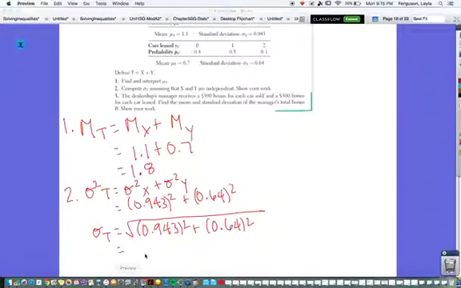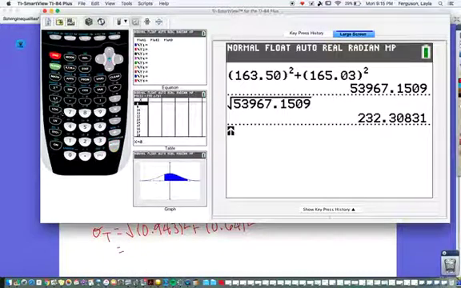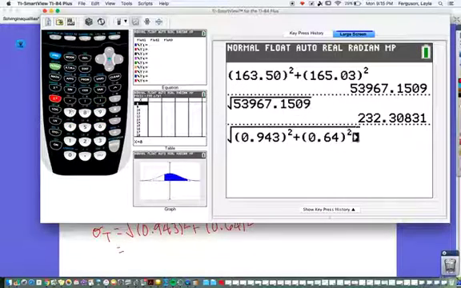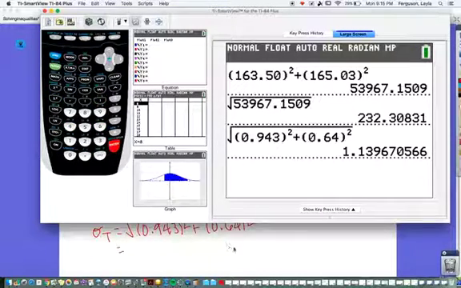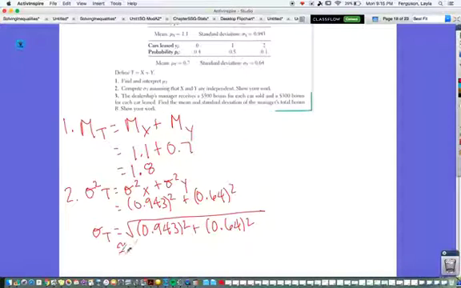So, on the calculator, I would do the square root of 0.943 squared plus 0.64 squared. And whenever I do that, I get 1.39, which is essentially 1.14.